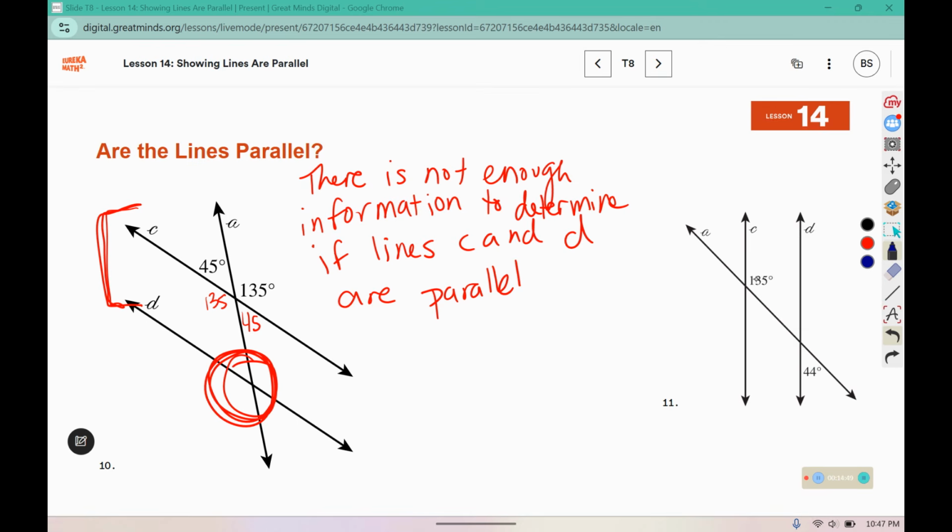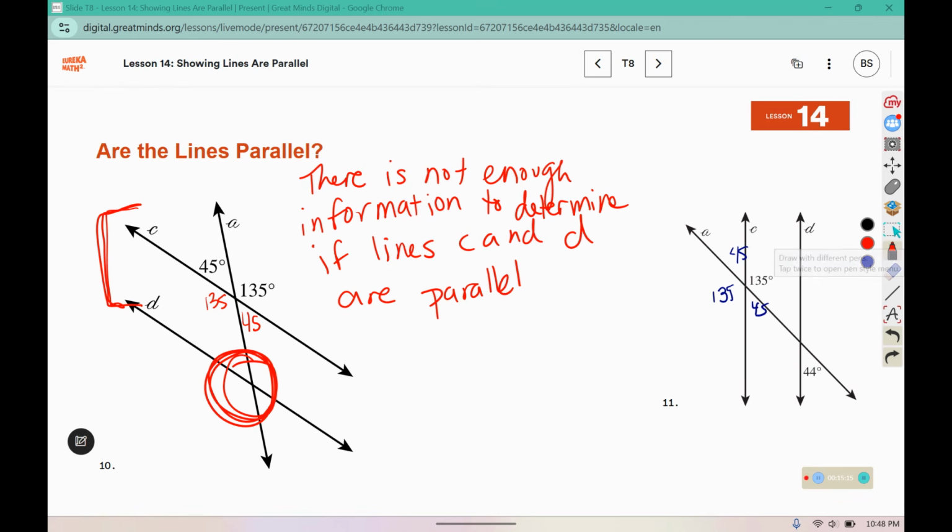All right, here I have 135, so this would be a vertical angle. I have a straight angle here, so I know that 135 plus 45 makes 180. And these are vertical angles. But notice 45 and 44 are not the same.